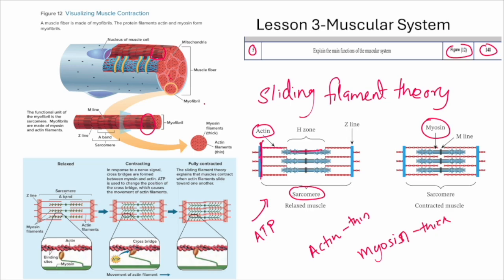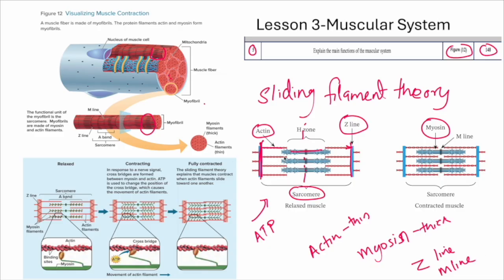Both ends of the sarcomere, where the actin filament is attached, are called the Z line, right? It is easy to remember the M line because it is exactly in the center. Middle, or M line.